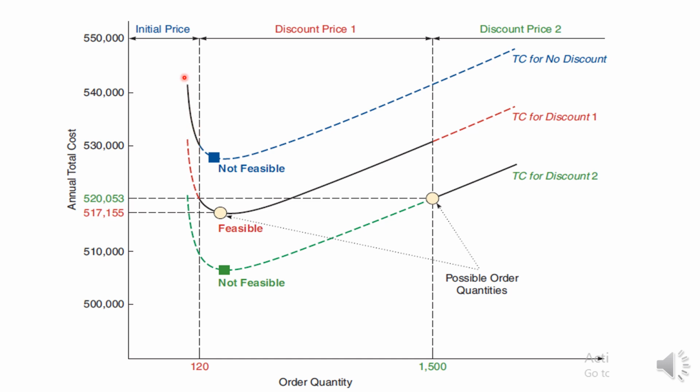It is giving us the lowest price in that particular quantity, showing the quantity on the initial price. For example, the initial price is 100.